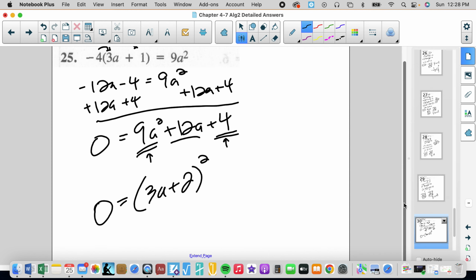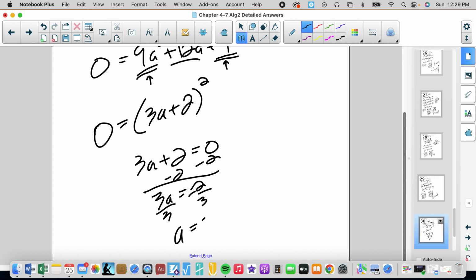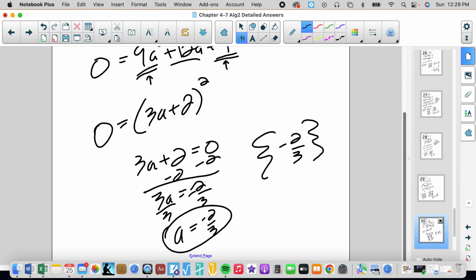I don't have to write them both out. I know that I should just write 3a plus 2 equals 0. Minus 2, we get 3a equals negative 2, divide by 3, and we get a equals negative 2/3.